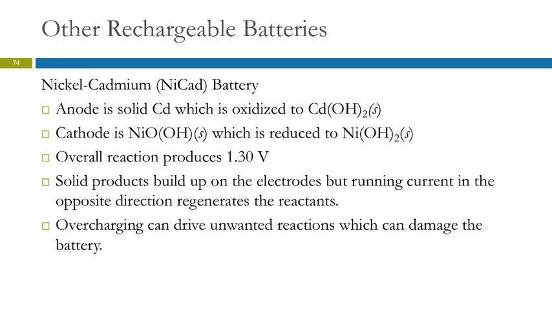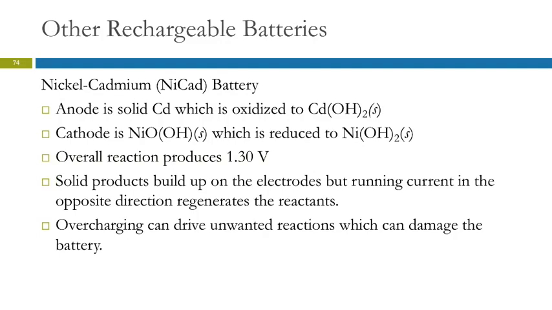So there are other rechargeable batteries. Nickel-cadmium batteries, also called NiCad. These are fairly common. The anode is solid cadmium, which gets oxidized to cadmium hydroxide. The cathode is this odd-looking substance. It's a nickel with an oxide and a hydroxide ion, and that gets reduced to nickel hydroxide.